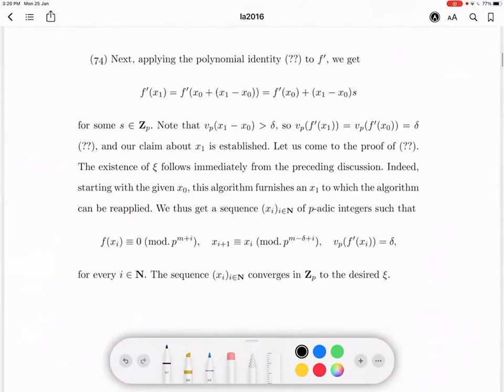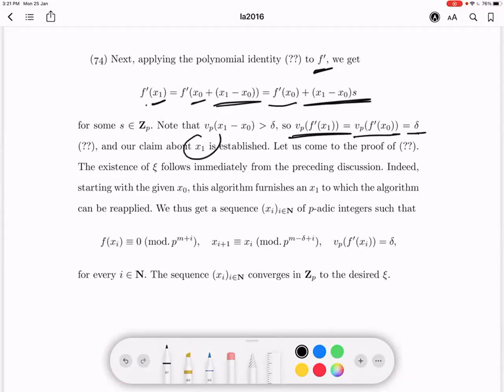Now we'll apply that polynomial identity to f prime. Again, you write x1 as x0 plus x1 minus x0, and f prime of this is going to be f prime of x0 plus something else which I'm not interested in. Okay, so this shows that Vp of f prime of x1 is equal to Vp of f prime of x0, which is delta by definition.